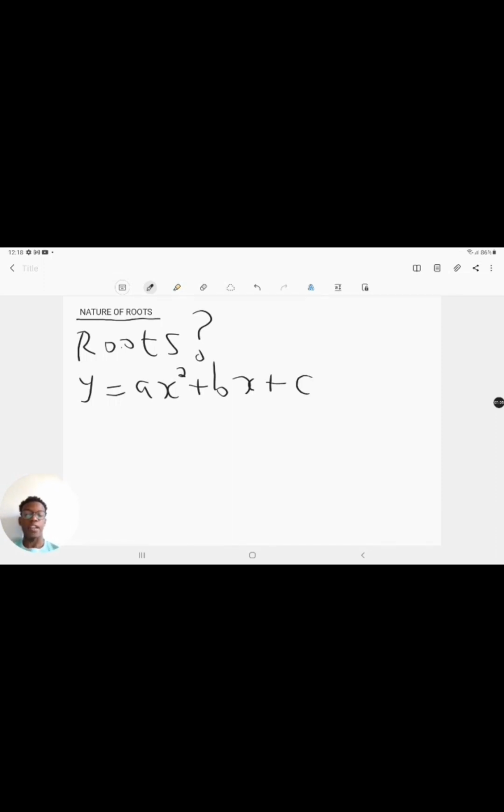This is one of our standard forms of the quadratic equation. You will know it from experience from our past videos and other questions you would have solved in the past.